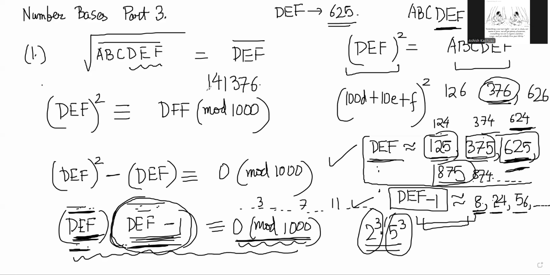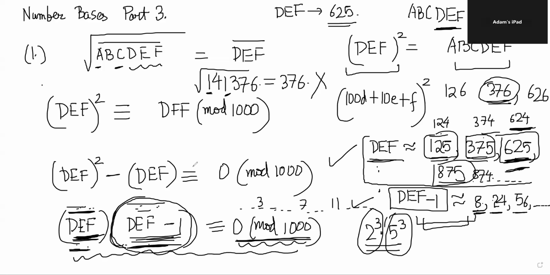So on the surface, it looks like it satisfies the condition again, right? But the point that it is wrong is because there are repeated digits here. It was supposed to have no repeated digits. So we'll reject this answer and we'll say our ABCDEF is 390625.